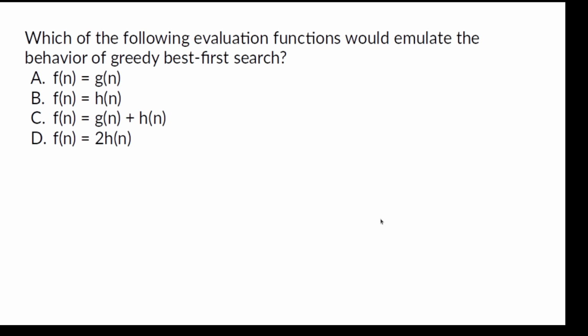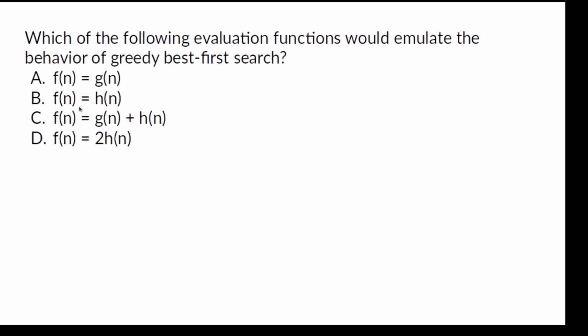It is nowhere in it, right? So we are only considering heuristic in greedy best first search. So wherever g of n is occurring, they are not going to be the solution. So it's clear A and C are not the solution. The solution would be those in the form of h of n. So we are only going to consider heuristic.